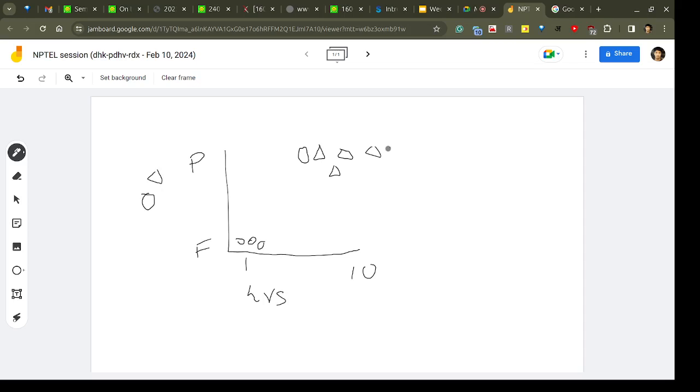Some people 12 hours also, then they failed. Here also some people studied very few hours, and they passed. Okay, so we have to draw a line in such a way that we are able to divide them. So suppose we draw a line like this, okay, not this, like this.